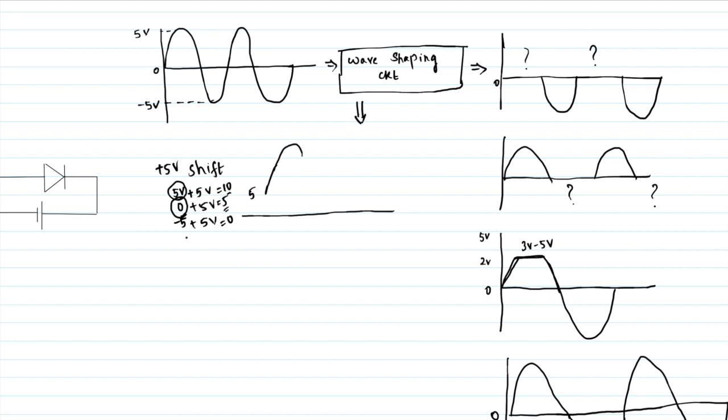Then the negative 5 volt is now at 0. We are just shifting this signal, which is at 0 DC level, to a 5 volt DC level, with the negative peak at 0 and the positive peak at 10.